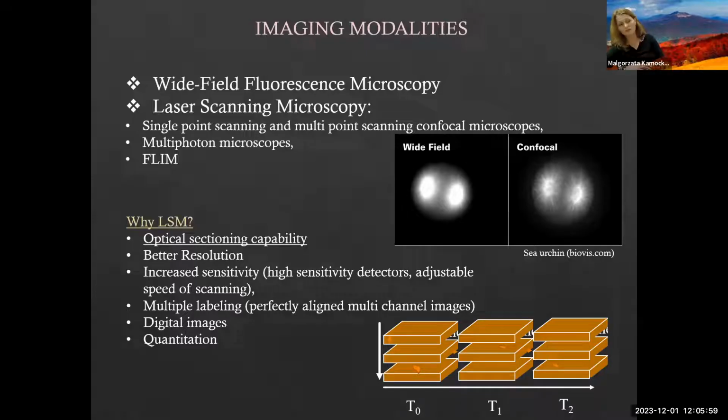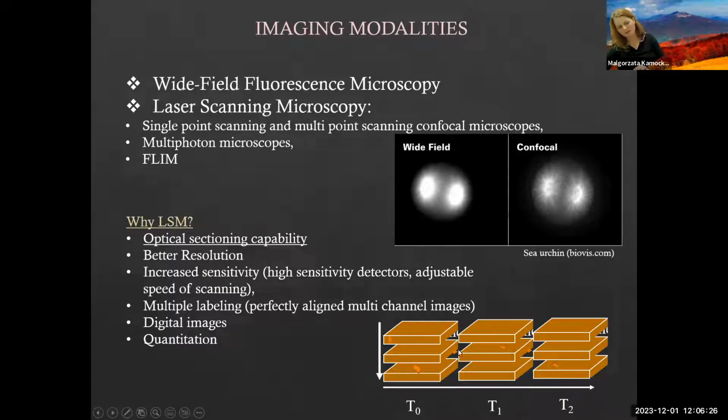On top of that, we collect digital images which you can quantify, and you can also generate very nice 3D reconstructions. The 3D optical sectioning, which is referred to as a Z-stack, allows us to collect a series of focal planes and stack them together.